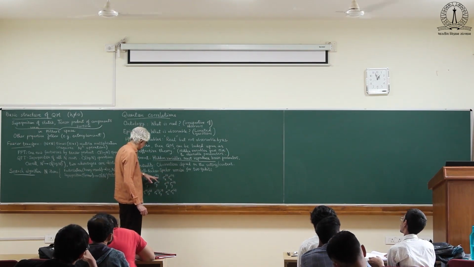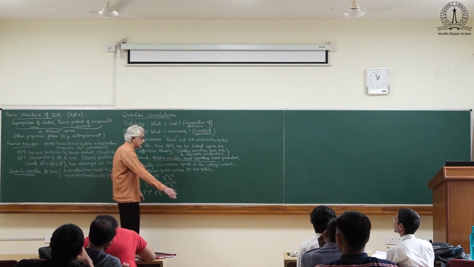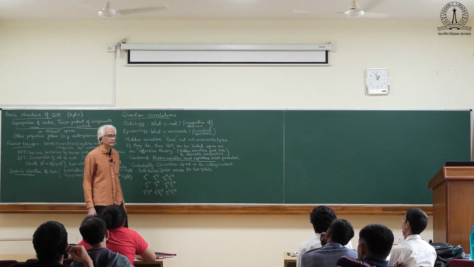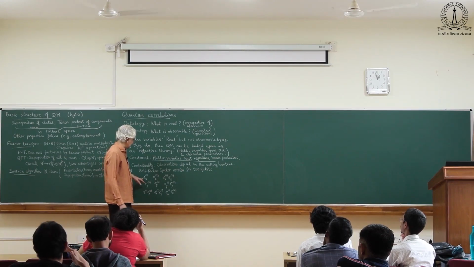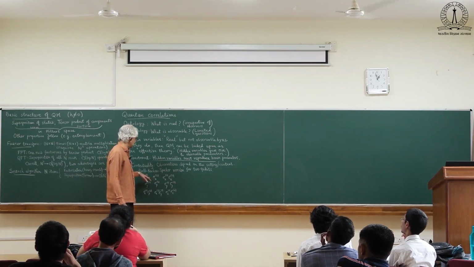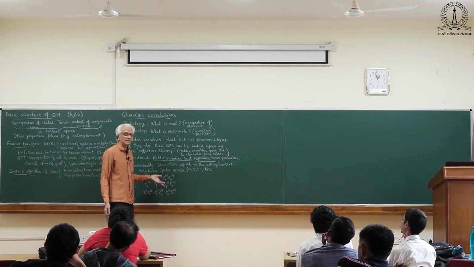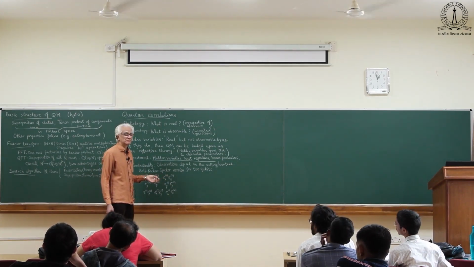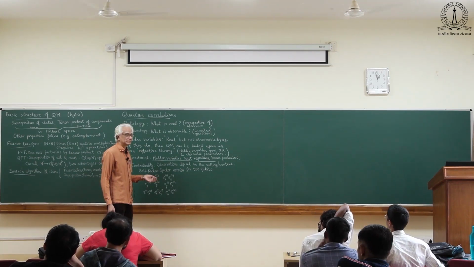I measure this, then I measure this, and I measure this, and the product of the three measurements. And it is well guaranteed to be the product of the three eigenvalues which I get, which happens to be plus 1.